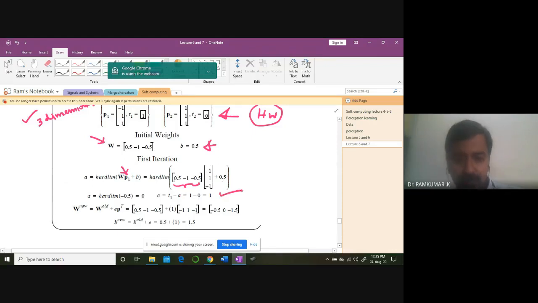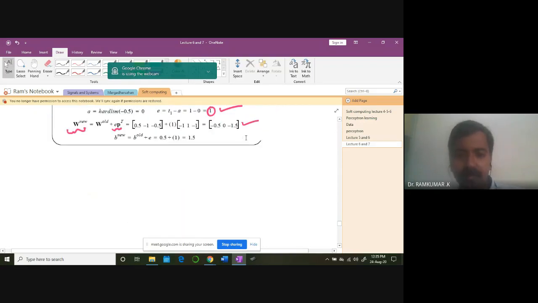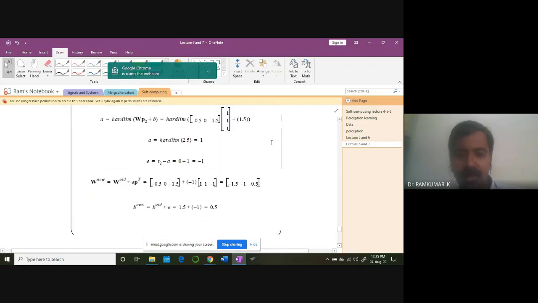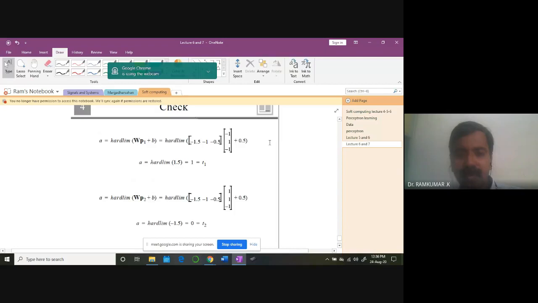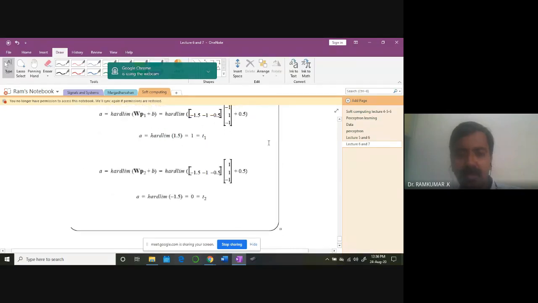So you'll get this expression. Error is equal to 1 is what you obtain. And W new is equal to W old plus E P transpose for weight updation. Because the error is 1 here, the updation is like this. Then second iteration, third iteration. You can proceed in the same manner till you get the final values perfectly matching. So that's the idea.